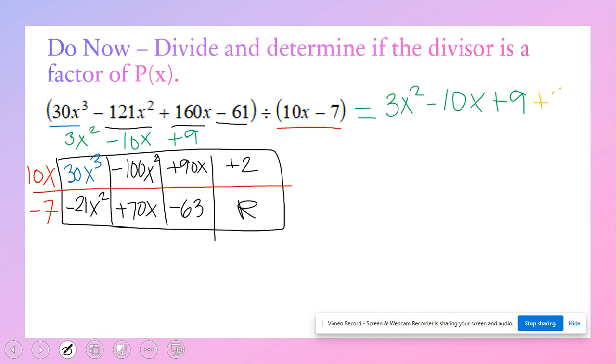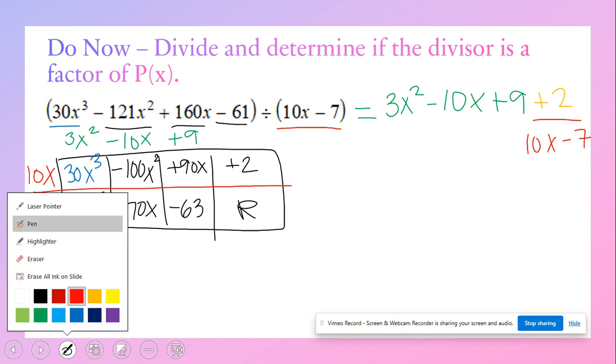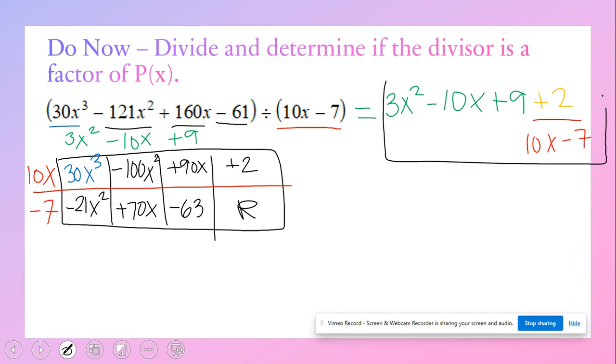My remainder is 2. Whenever I have a remainder, I'm just going to write it over my divisor, 10x minus 7. Nice. Hopefully you're remembering the box method. If not, hopefully this jogs your memory a little bit from the weekend.